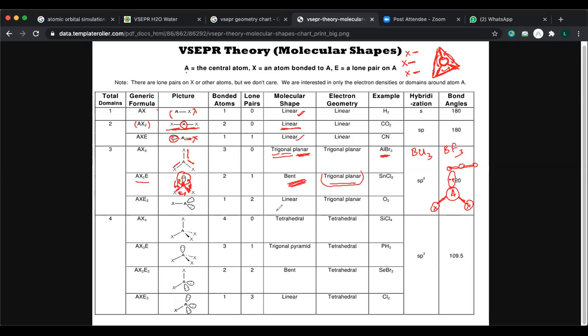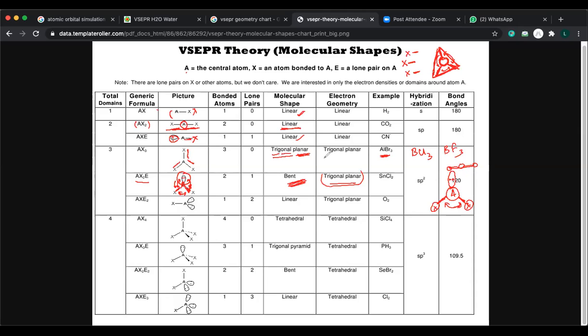Ma'am, you said that the lone pair bond pair repulsion sometimes decreases the angle between the bond pairs. However, the bond angle given here is fixed. It says it's 120 only. I just got this one off a Google page because I wanted to show the shapes, but it is not correct.